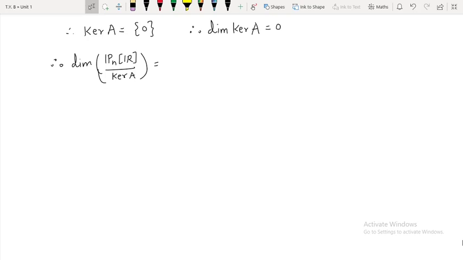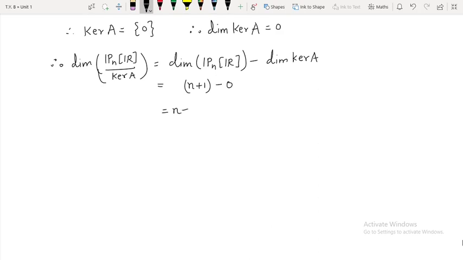The dimension of V mod W is the dimension of V minus the dimension of W, that is, the dimension of Pn of R minus the dimension of the kernel of A. The dimension of Pn of R is n plus 1, and the dimension of the kernel of A is 0, so it is equal to n plus 1. So that's all for this example.